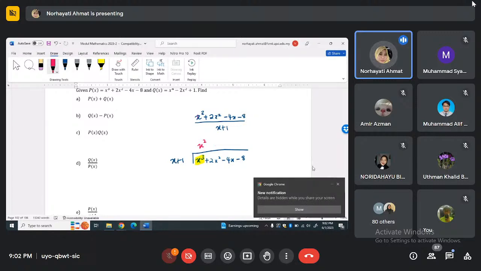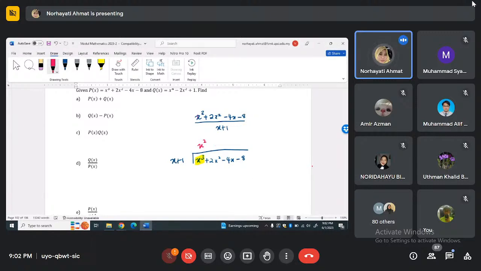X square times x is x cube, and then x square times 1 is x square. So plus x square. And then we need to subtract this from the polynomial.